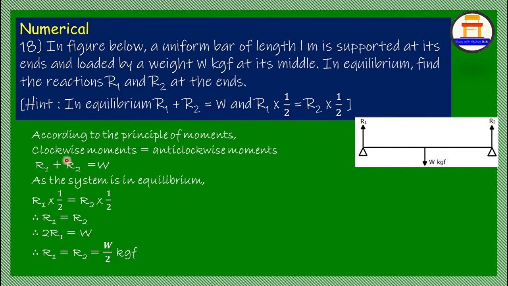According to the principle of moments, clockwise equals anti-clockwise, right? R1 plus R2 is equal to W. As the system is in equilibrium, R1 into 1 by 2 equals R2 into 1 by 2. This they have only given as per the hint. So I will take a pen and write over here as per the hint.